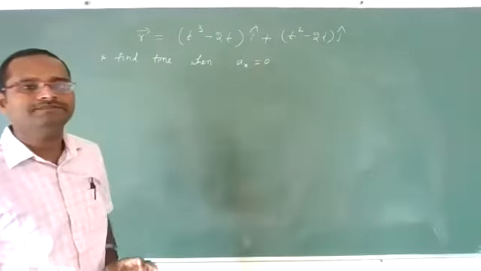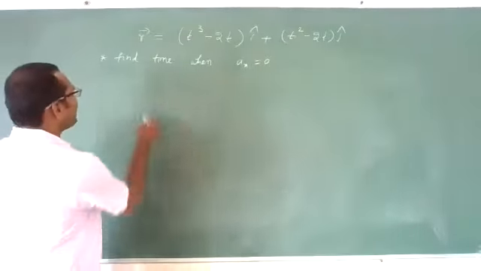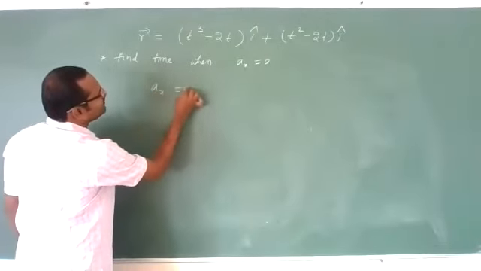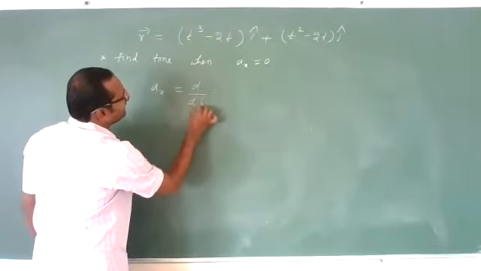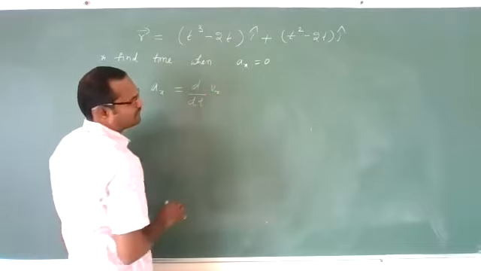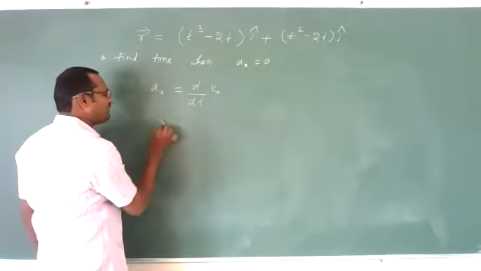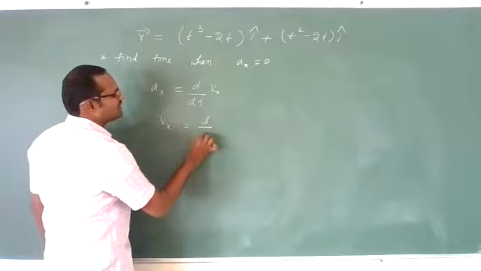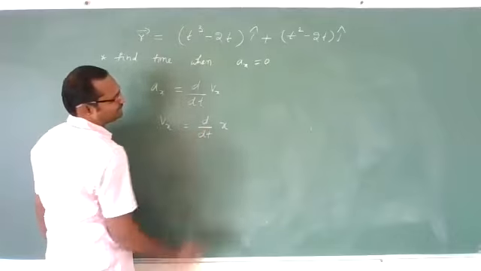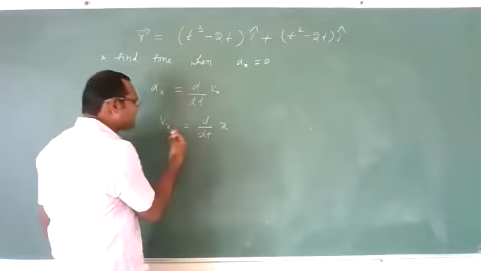Can you solve? Yes. You want Ax. Ax is what? d by dt of Vx. But for finding this, we need Vx. What is Vx? d by dt of x. For finding this, we need x.